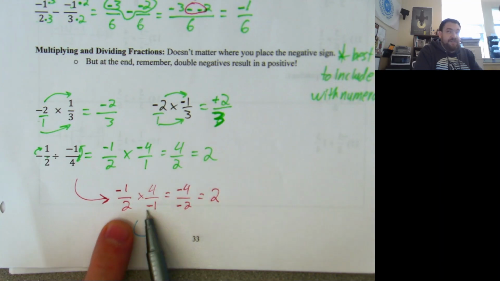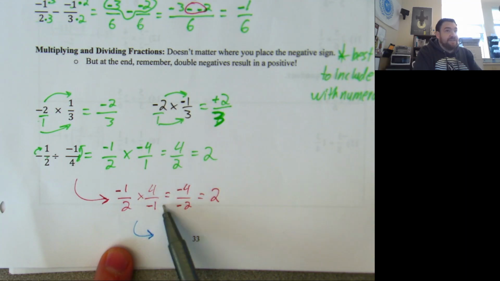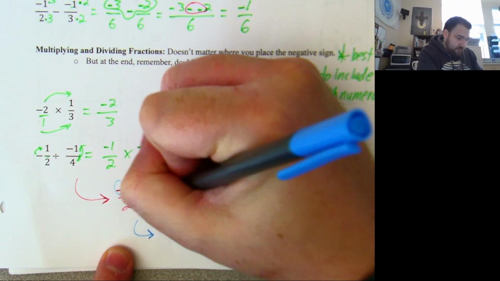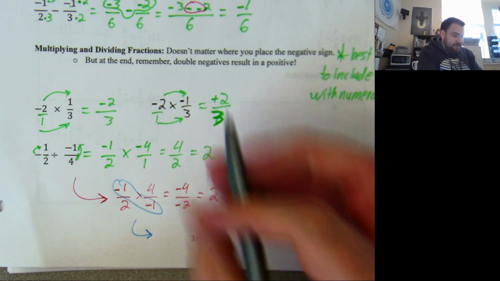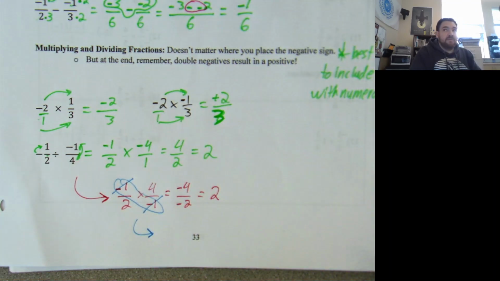Is there any vertical simplification we can make here? No. But we can cross simplify two things. We can cross simplify these negative ones. They're the same thing. Negative 1 and negative 1, it's going to cancel out. It's going to give me 1, because negative 1 divided by negative 1 is 1.